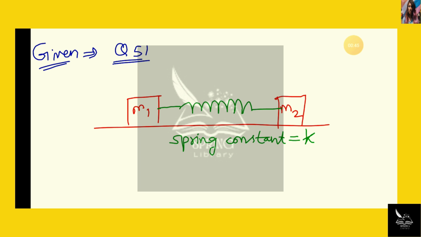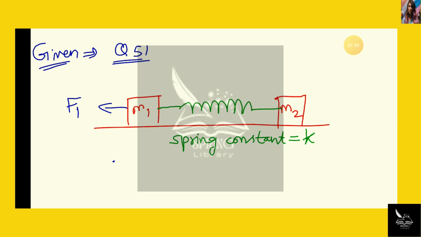Now, using the data, the force acting on the first block is F1, and it is trying to pull the first block towards the left.